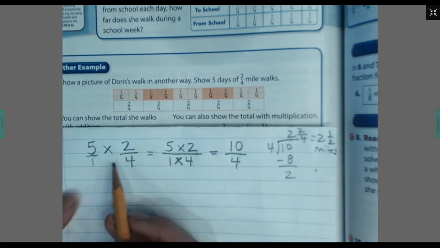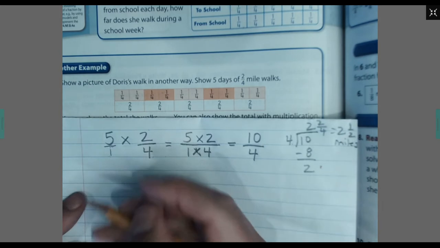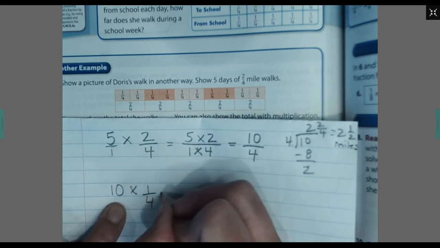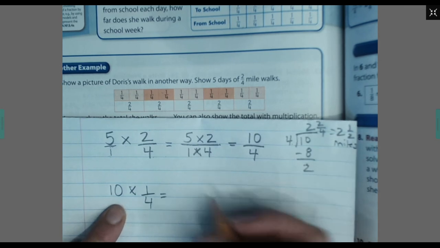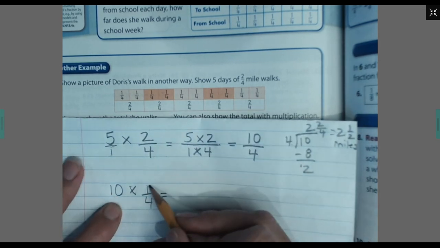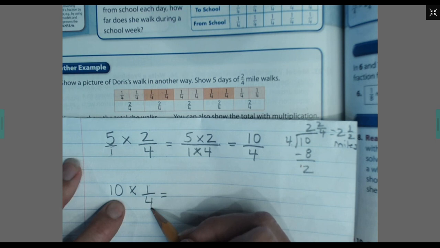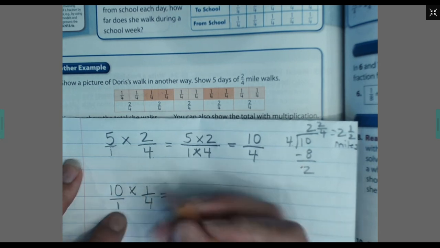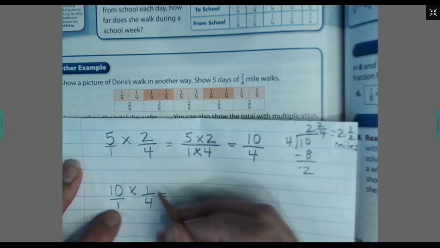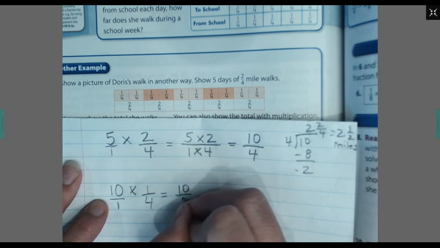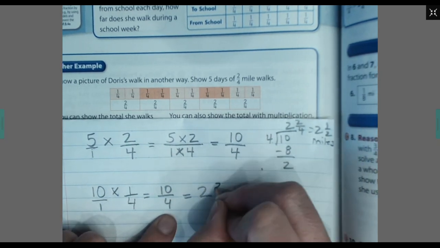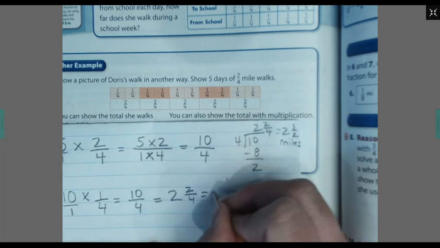We could have also done it like this, 10 1/4, and we would have gotten the same answer because she walked a 1/4 mile each time, and she had a total of 10 times walking that distance. So numerator times numerator, denominator times denominator. So that would give us 10/4, which equals 10 divided by 4 is 2, and 2/4, which reduces to 2 1/2 miles.